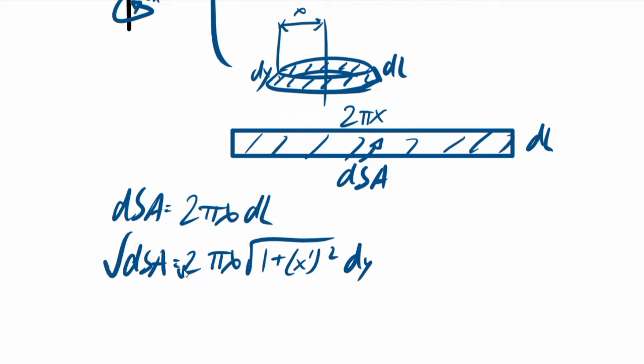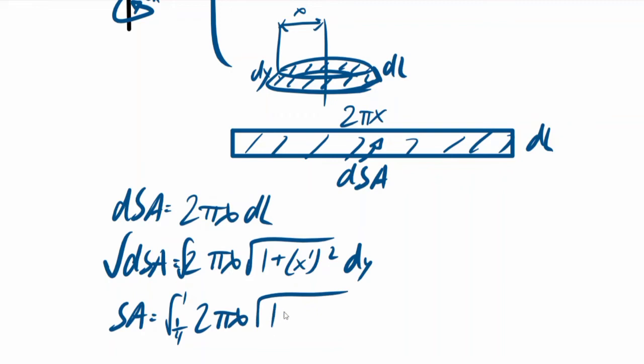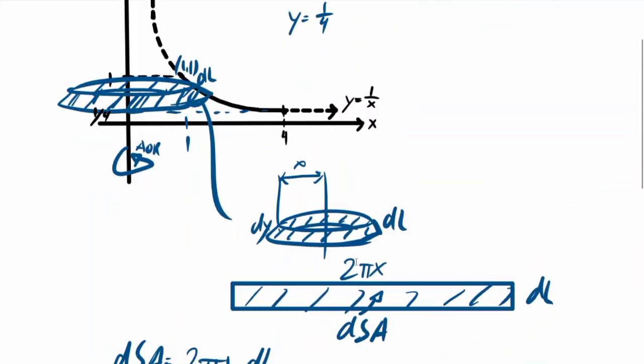Now find the integral of both sides. We'll have surface area equals the integral with limits from c to d. Our c to d here is from 1/4 to 1, right? 2 pi x. Substitute x. Our x is 1 over y, square root of 1 plus our x prime.